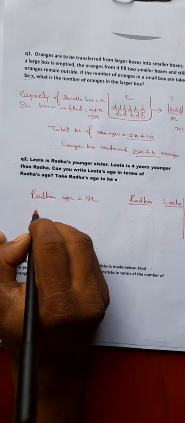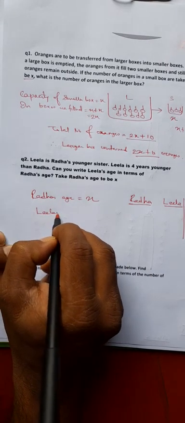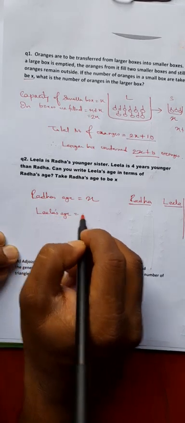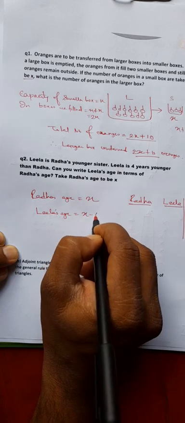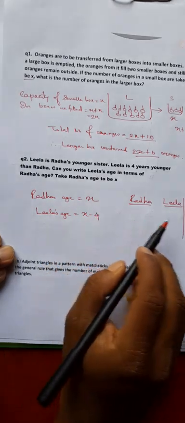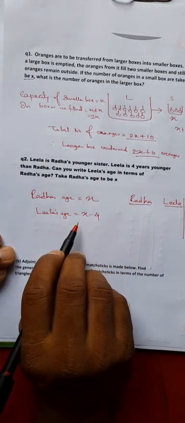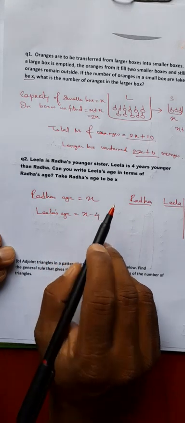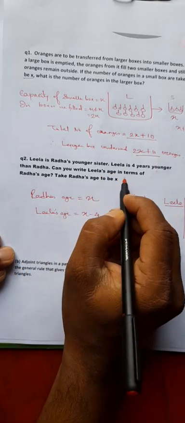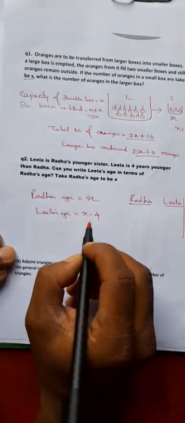So what is Leela's age? Leela's age is Radha's age minus 4. Since Leela is younger than Radha, Leela's age is x minus 4. So we write Leela's age in terms of Radha's age.